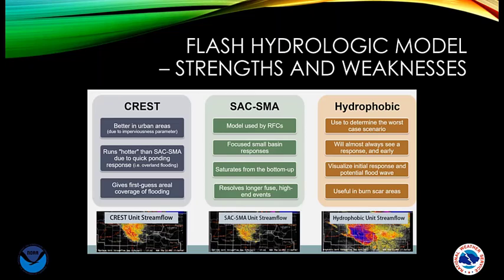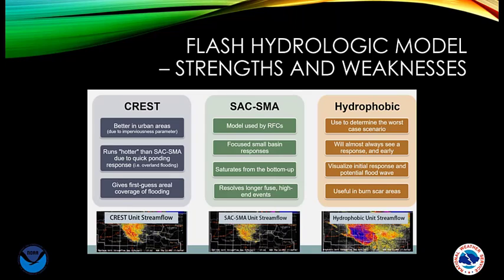Now, let's look at the strengths and some of the weaknesses in each of the 3 models. On the left, we have the CREST. It's better in urban areas. It runs hotter than the SAC-SMA model due to its quick ponding response. And it gives a first guess areal coverage of flooding.